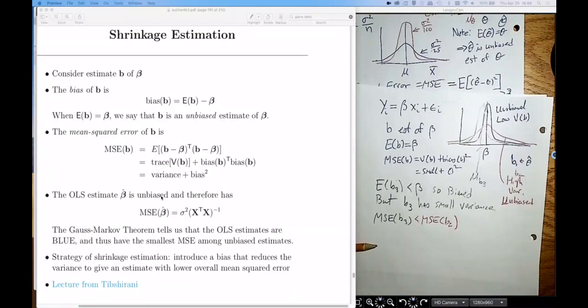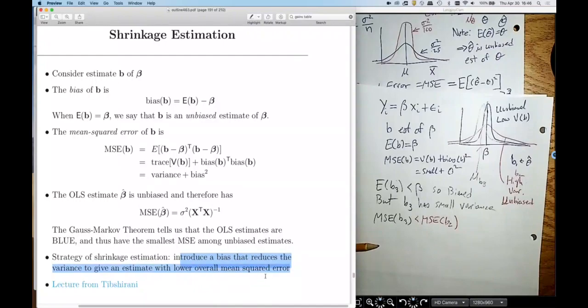All right, and so that's what this whole unit on shrinkage estimation is about. So introduce a bias that reduces the variance that gives us something with a lower overall mean squared error.